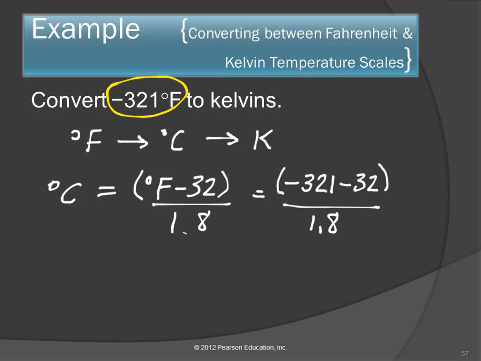The other thing is you could use parentheses. Now I'm going to divide by 1.8, and I'm going to get minus 196.111111. So make sure that you can get your calculator to do that. That's repeating, and that is degrees Celsius. Any questions?